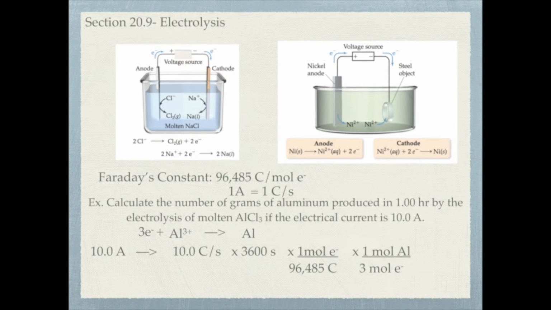And so I can use that conversion factor right there, put 3 moles of electrons on bottom, 1 mole of aluminum up top. And then I can get into grams by simply using my molar mass. And so when I do all of that out, I end up finding that I'm going to produce a total of 3.36 grams of aluminum solid by this electrolysis reaction.